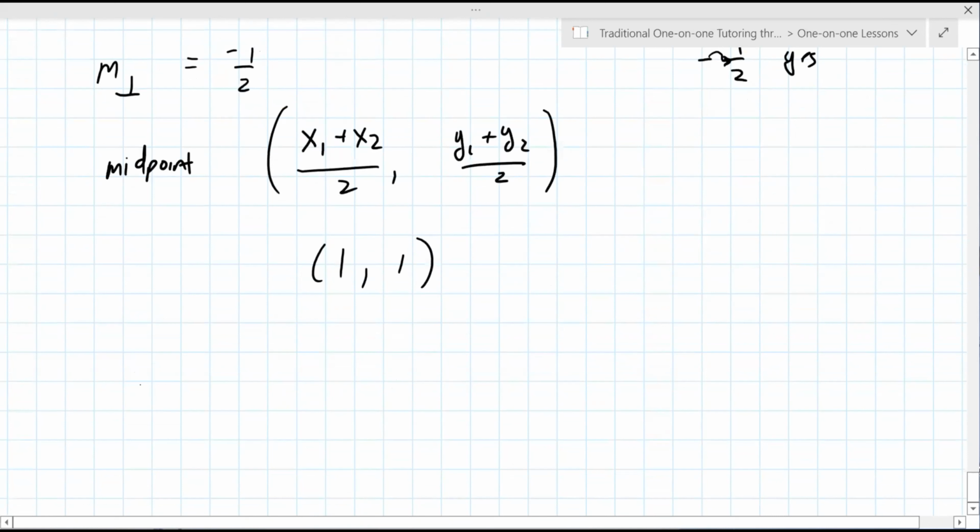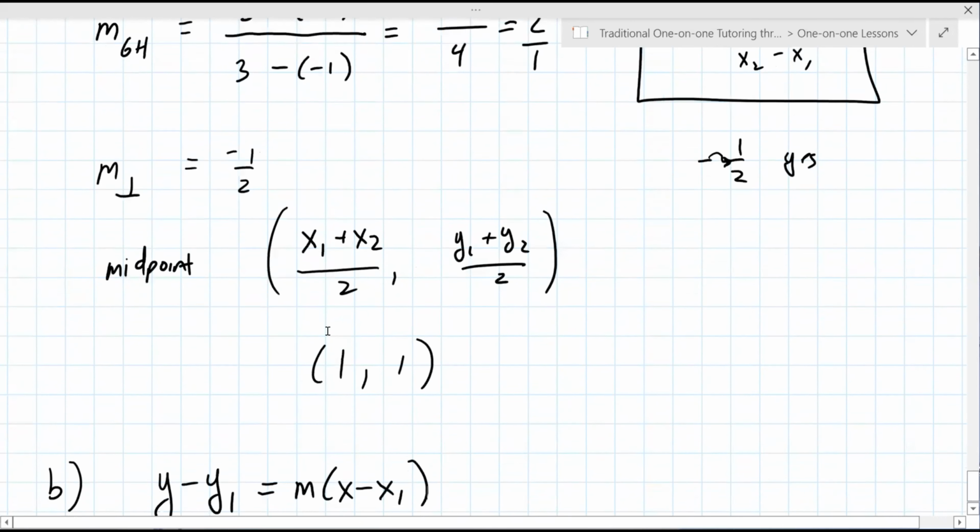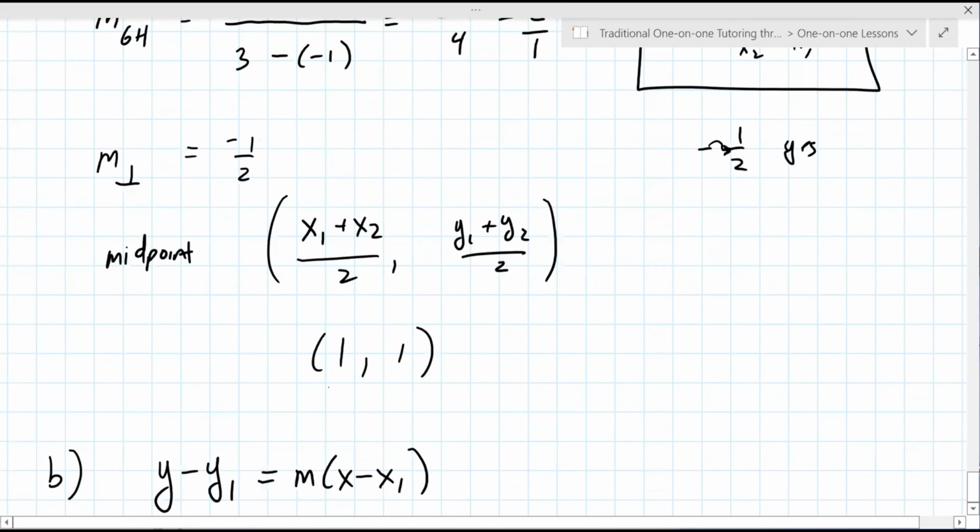So part B wants the equation of the perpendicular bisector: y minus y1 equals m times x minus x1. Those two ones, the one on the left is x and the one on the right is y. These are actually x1 and y1.